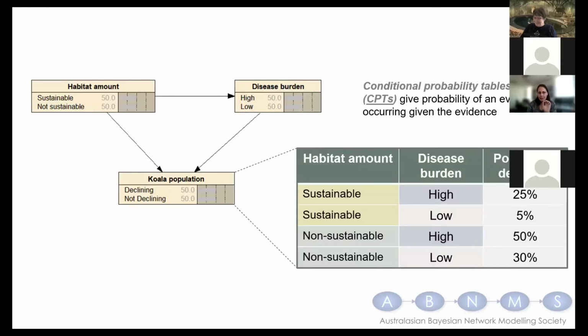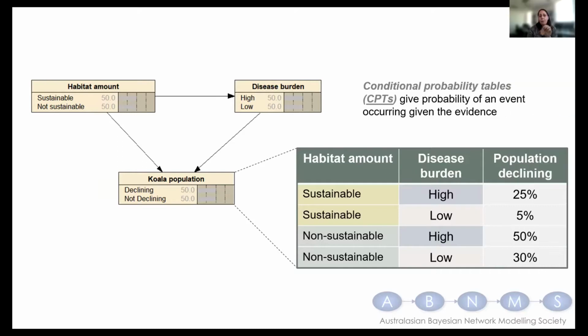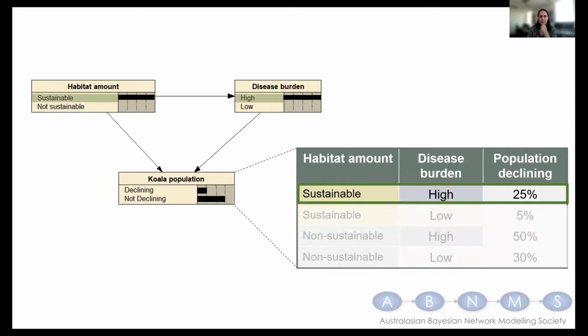Now, behind each of these nodes sits a conditional probability table, or CPT, and these give the probability of an event occurring given the evidence. So, for example, if we have a sustainable amount of habitat but a high disease burden, we might say there's a 25% chance that our koala population will still decline.